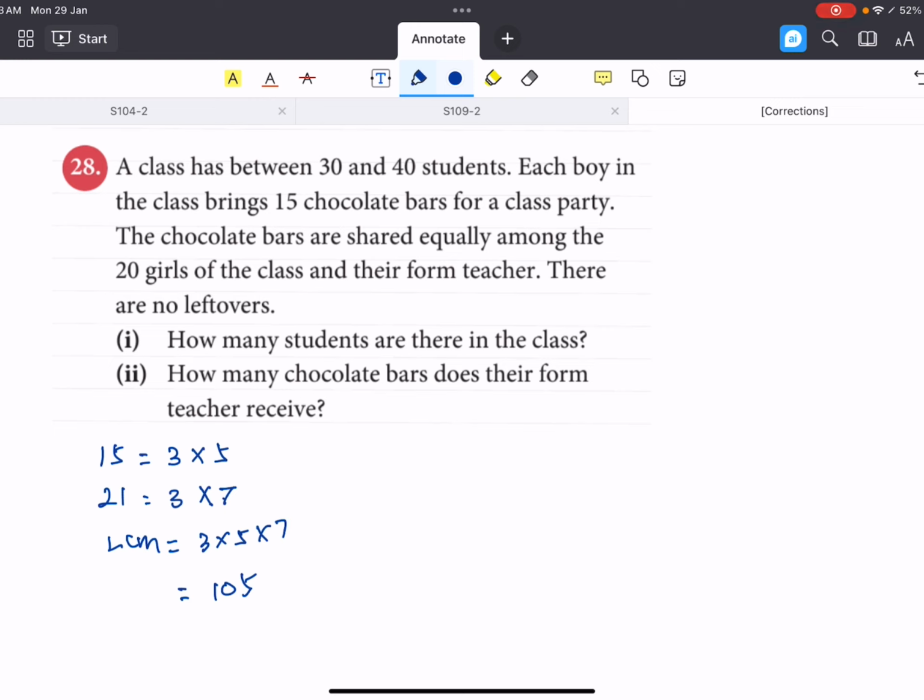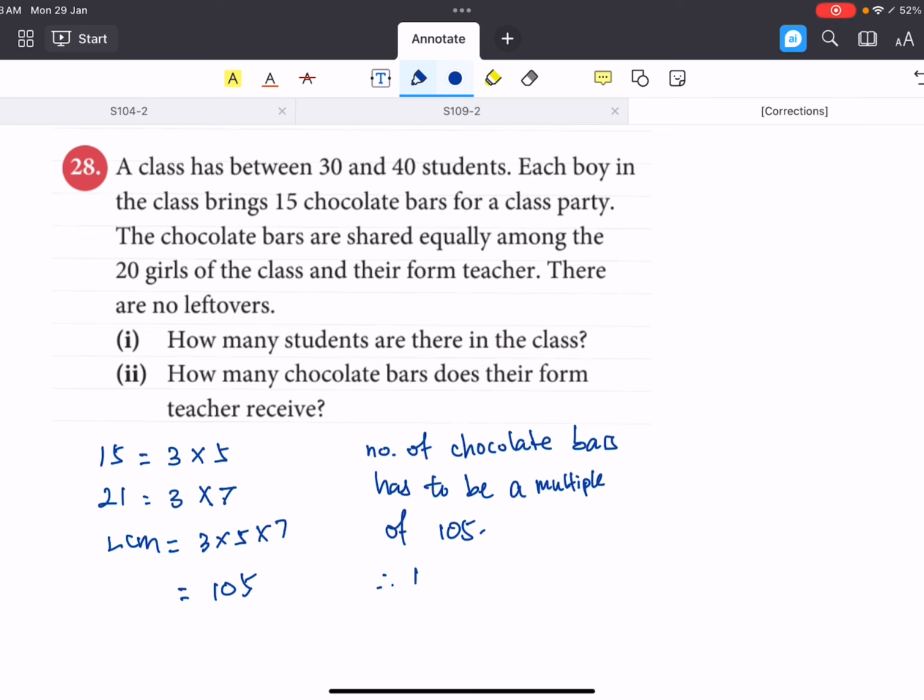So the number of chocolate bars has to be a multiple of 105.